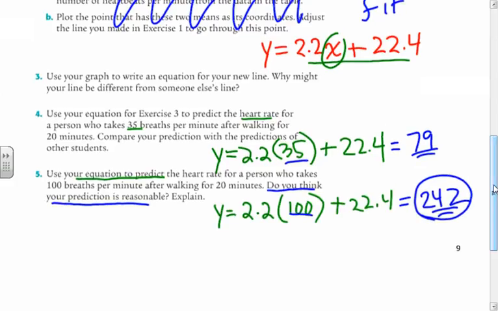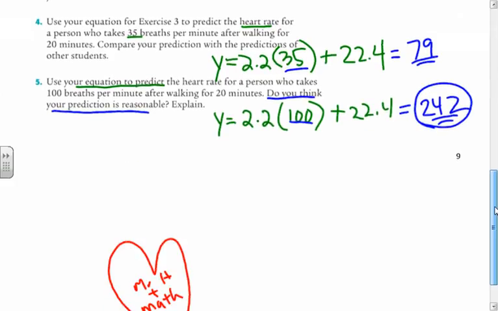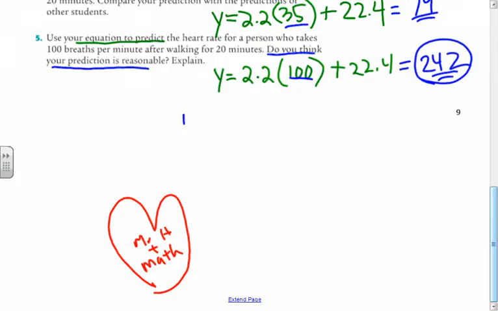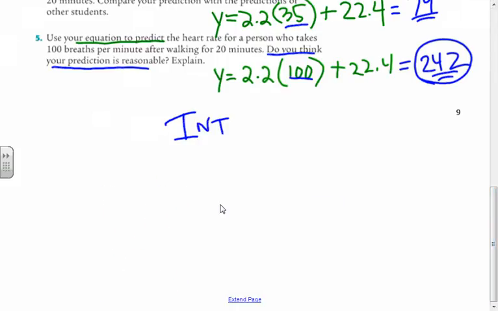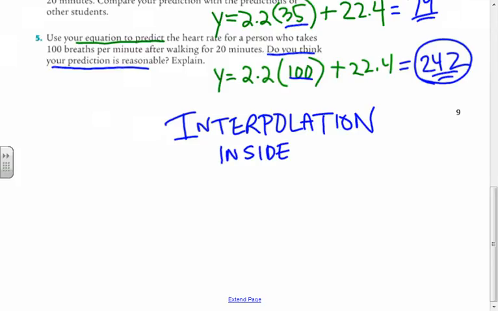I'd probably have a heart attack. Anyway, there are a couple of words to describe what I was just talking about. When it's inside the data, it's called an interpolation. You can write this down. That means it's inside the data, and making a prediction like that is less risky.